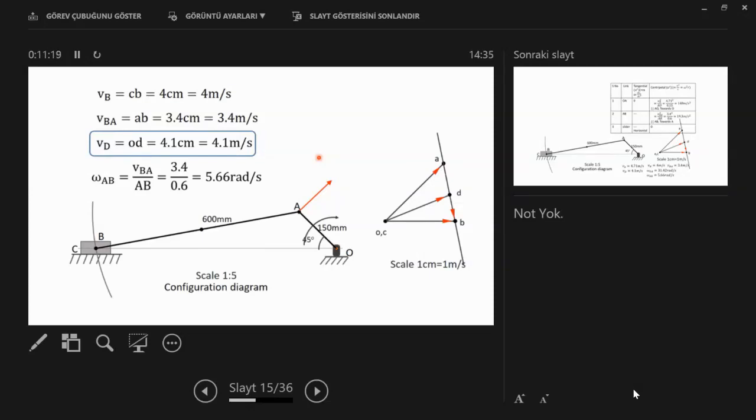Yes, you may remember from here: let's say S is a function of time, the displacement. We calculate the velocity as v equals ds/dt, and acceleration as a equals dv/dt. If we find the v, we can calculate the acceleration also.